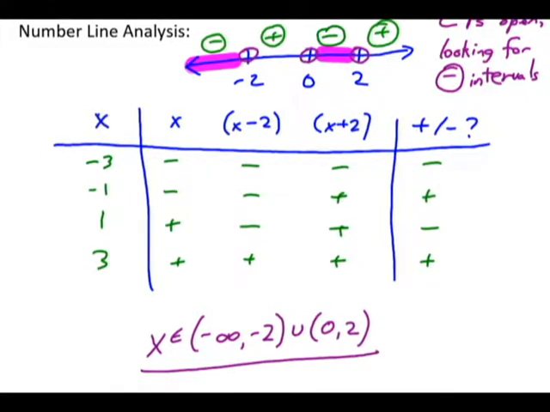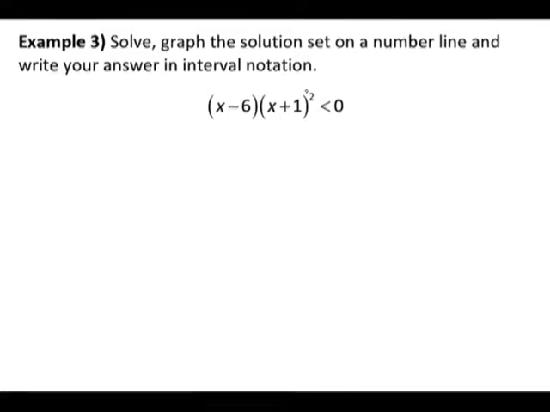Once again, I'd like to point out that the intervals have alternating signs, minus, plus, minus, plus. This won't always be the case, but that's going to be part of our shortcut. Notice that the multiplicity of each factor is 1. That's part of it. Here's an example with multiplicities. Work this one out, and then we'll look at the shortcut.